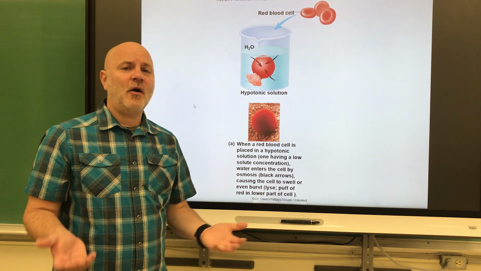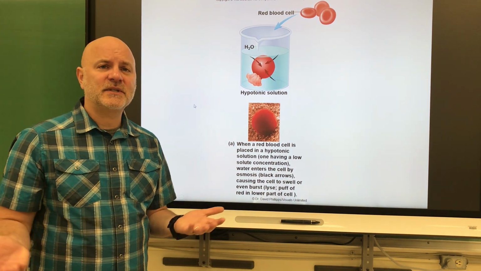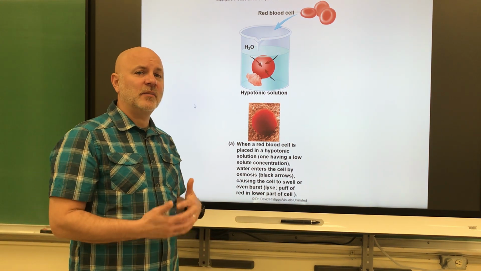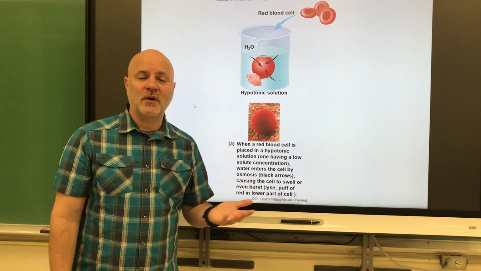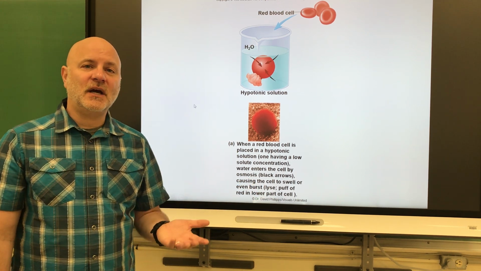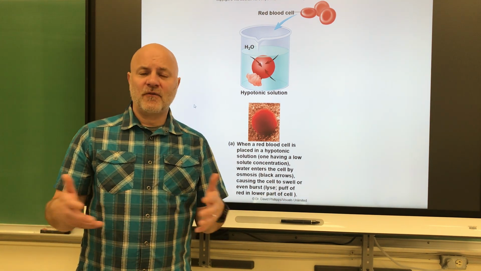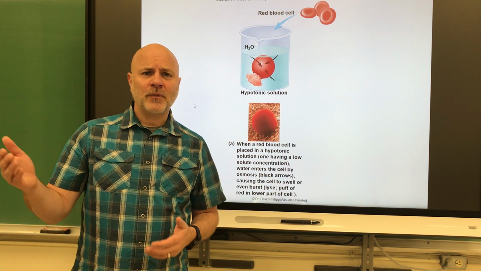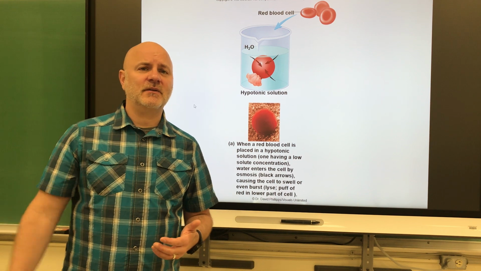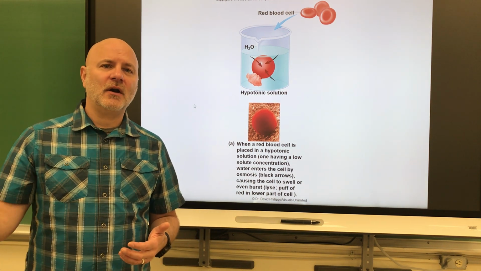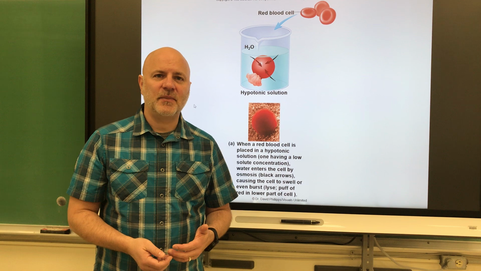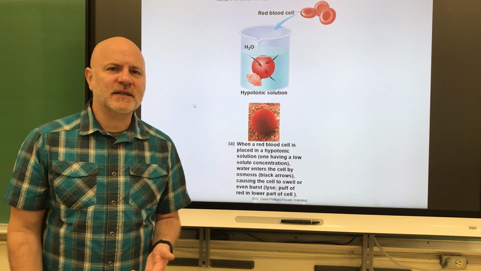But how often do you think red blood cells are exposed to a hypotonic solution? Only when you take red blood cells out of our body and put them into one. Most of the stuff that we drink is hypotonic. Fresh water is a hypotonic solution, so all the lakes, streams, and ponds around us. Water out of the tap is hypotonic. Anything that you drink is hypotonic.